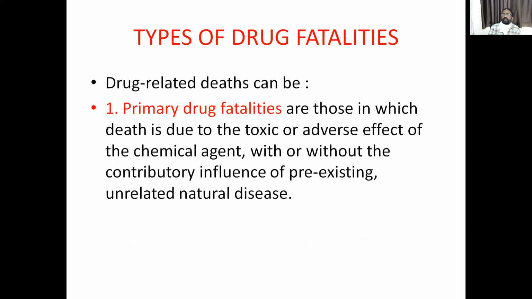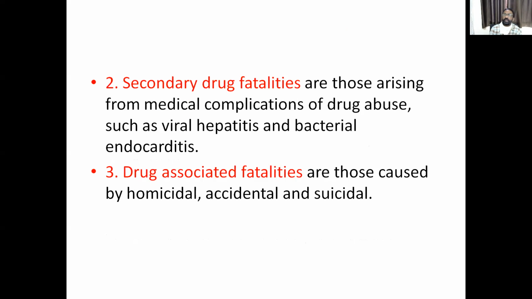So what are the fatalities of the drug? The drug fatalities are divided into 3 categories. Primary drug fatality means the toxic substance itself causes death of the person. Secondary drug fatality is when some natural diseases precipitate or enhance the cause of death. Drug associated fatalities are those caused by homicidal, suicidal or accidental use of poisonous substances.